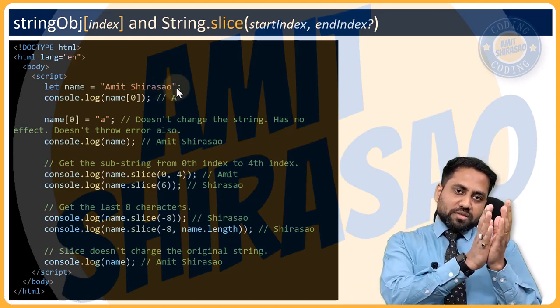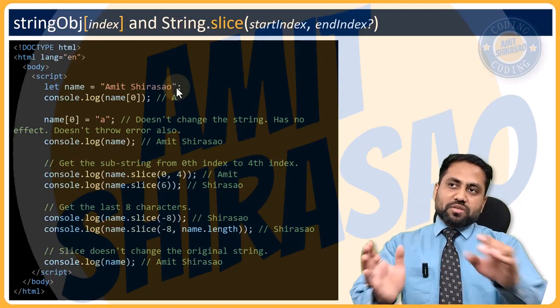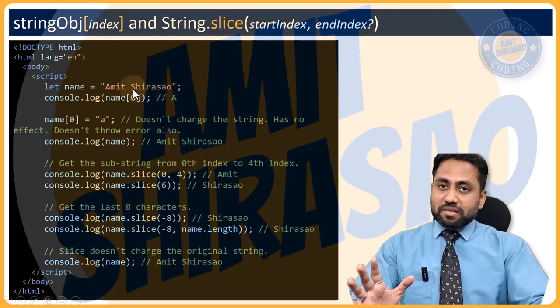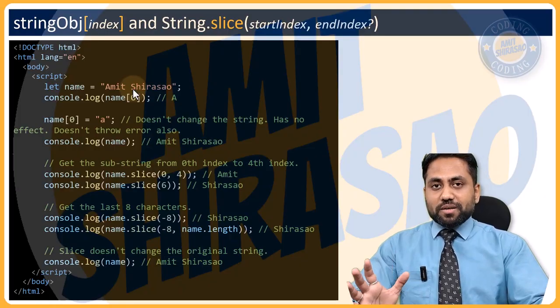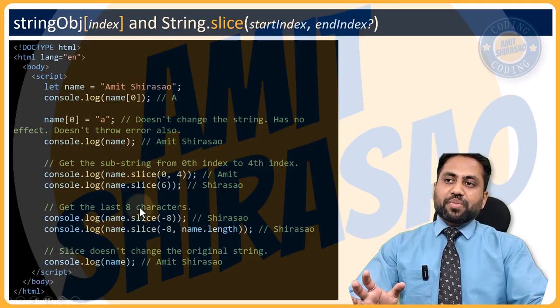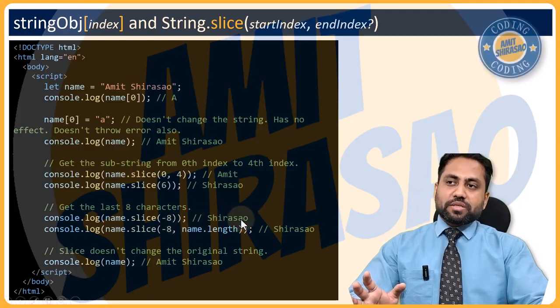After O, whatever is there, that is 0 for it. So O is -1, A is -2, -3, -4, -5, -6, -7, -8 is S. So it will go until -8, it will include -8, and that much it will show. That's why you'll get Shirasao over here.